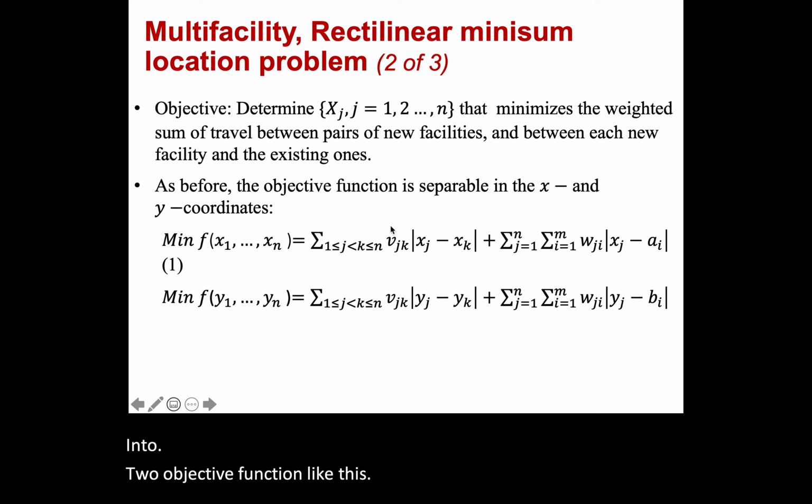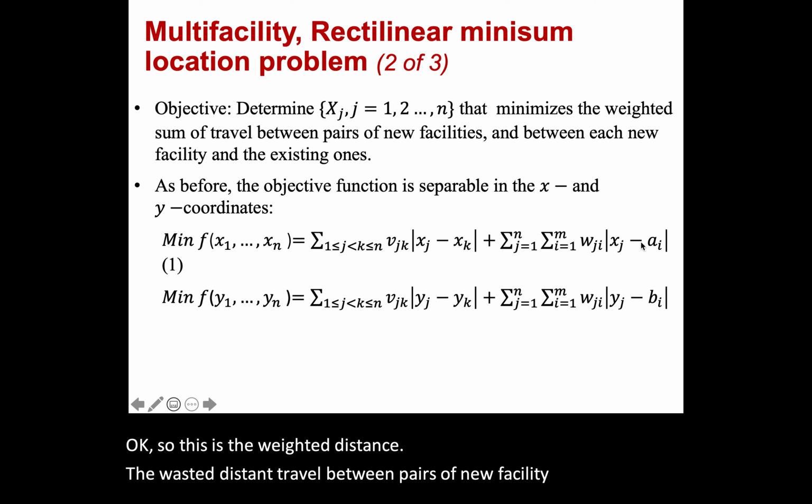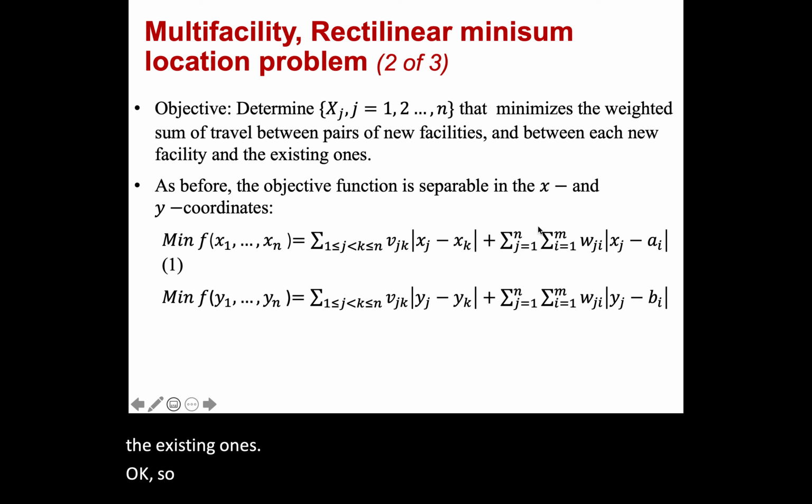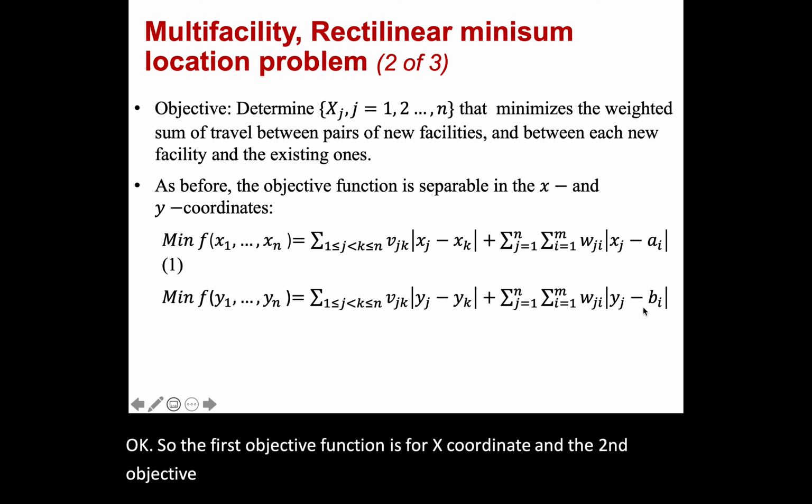Okay, so this is the weighted distance travel between pairs of new facilities. And this part will represent the weighted distance travel between each new facility and the existing ones. Okay, so the first objective function is for the x coordinate, and the second objective function is for the y coordinate.